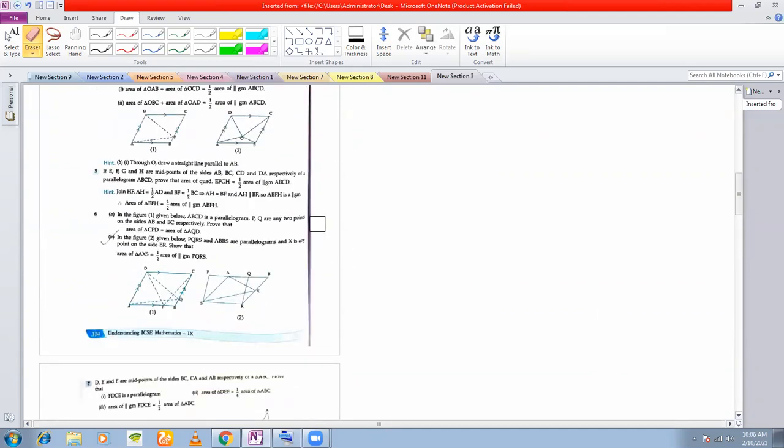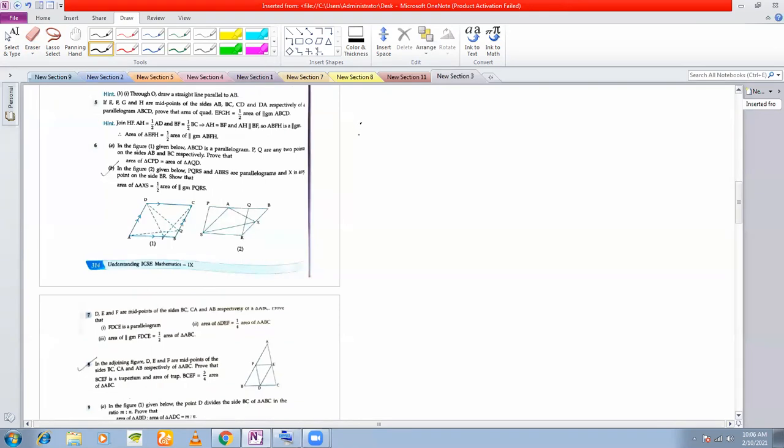As I said, as I'm drawing the figure, keep an eye on the proof and keep an eye on what you need to prove and keep an eye on the figure. Try to identify what triangles and which parallelogram they are talking about in the proof. So 6a, the figure looks something like this.